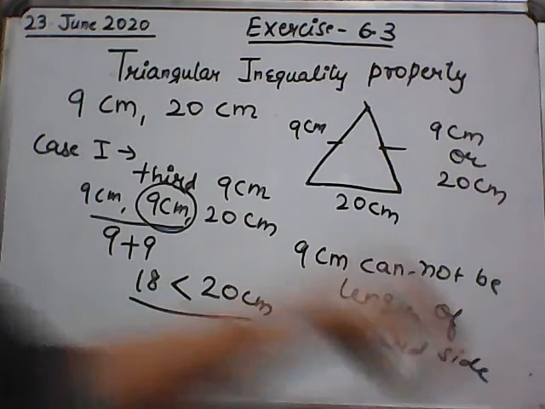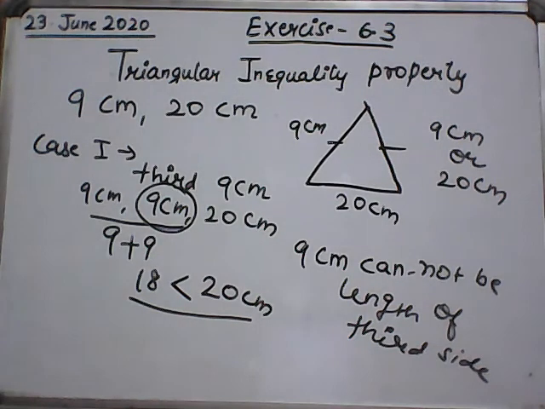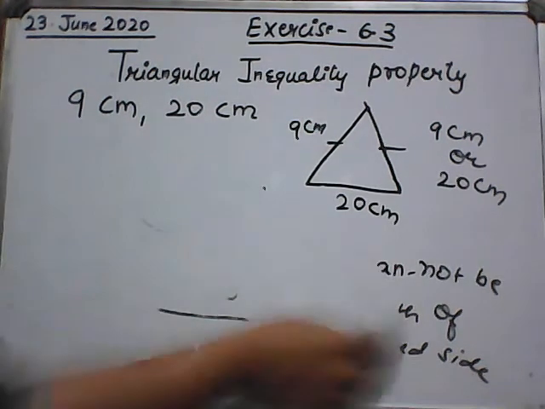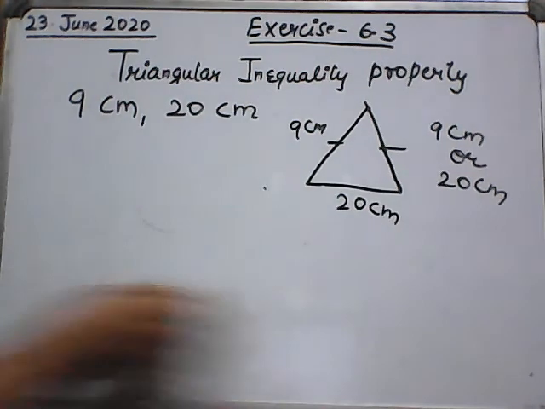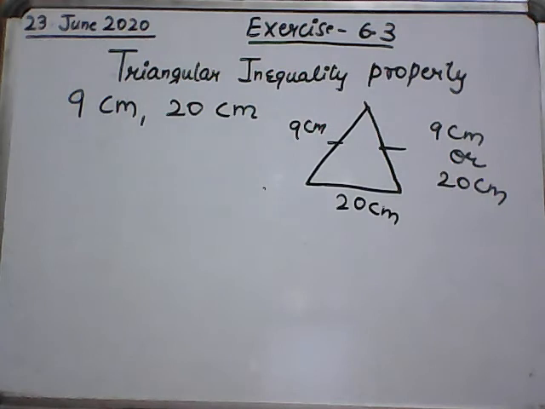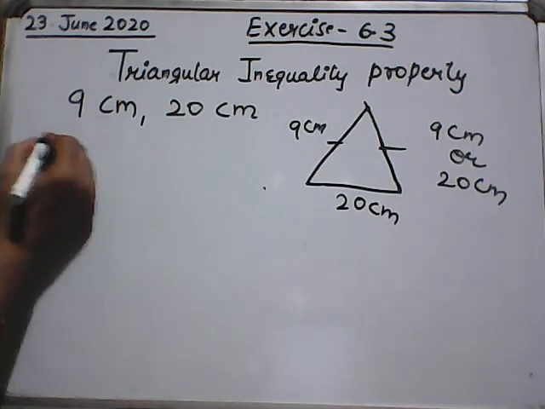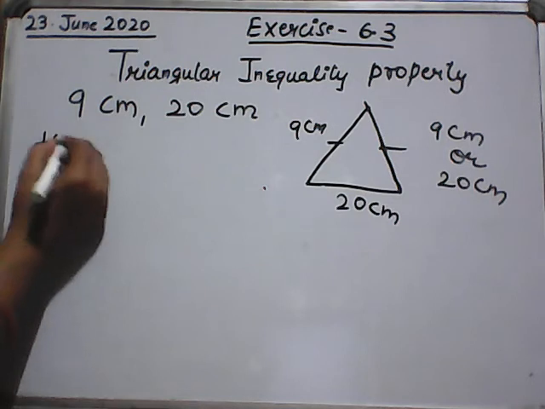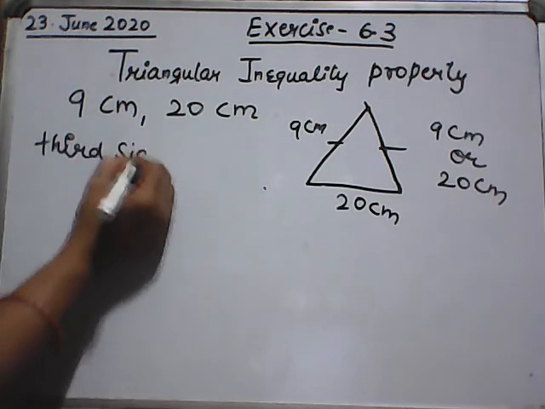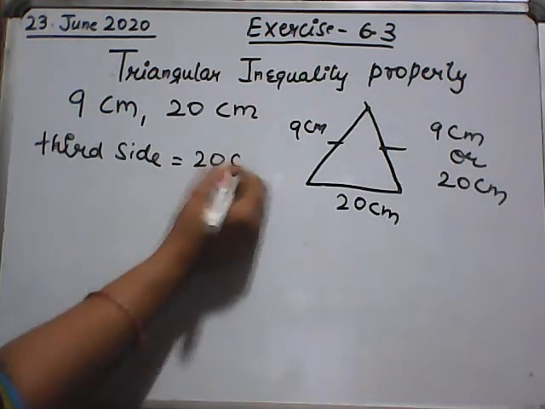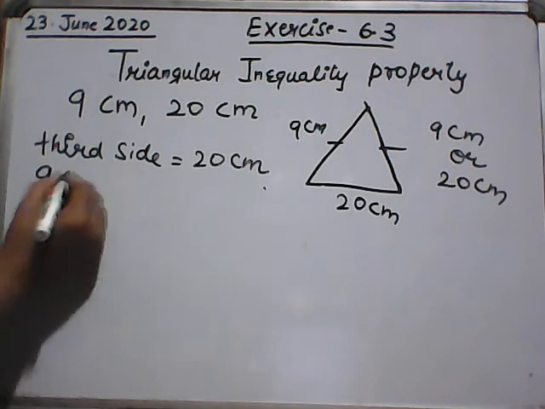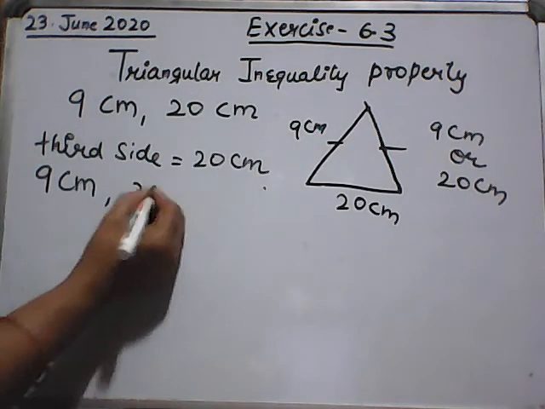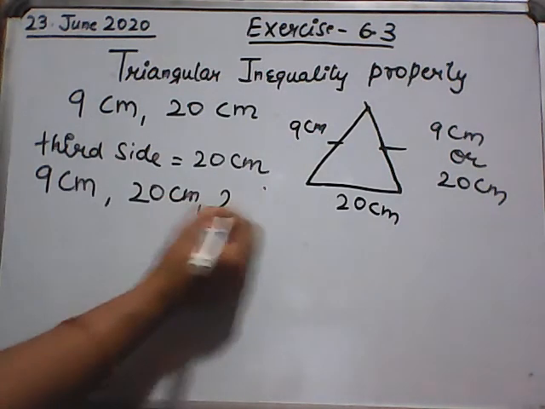Let's take the length of the third side to be 20 centimeter. If we take the third side as 20 centimeter, then we have to check whether this satisfies the triangular inequality property or not. Now the sides of the triangle become 9 centimeter, 20 centimeter and 20 centimeter.